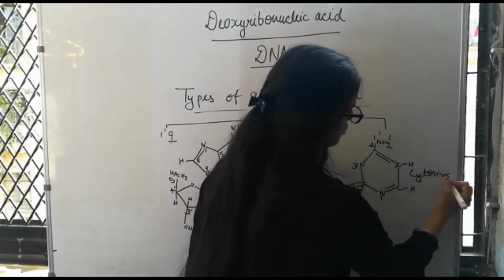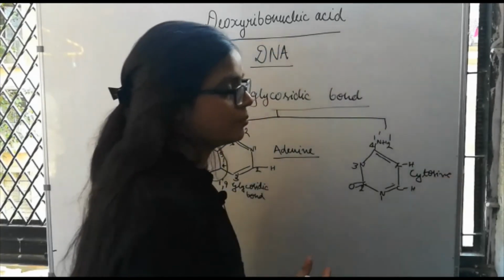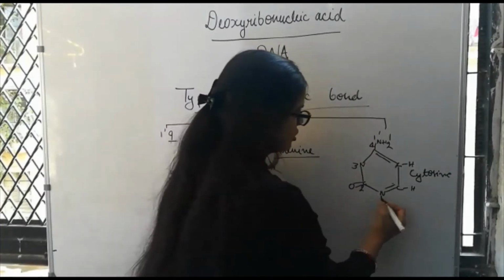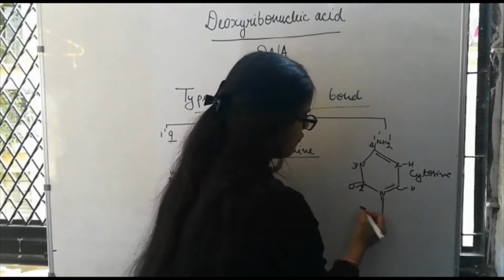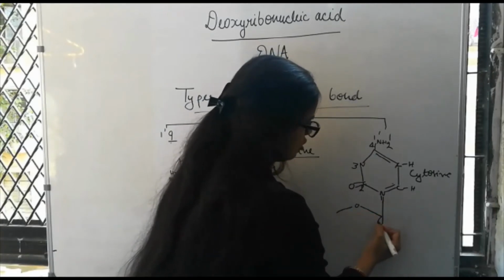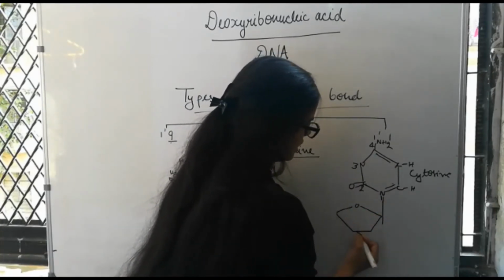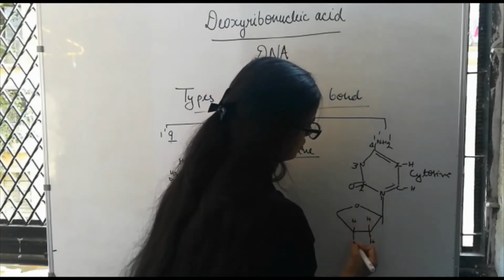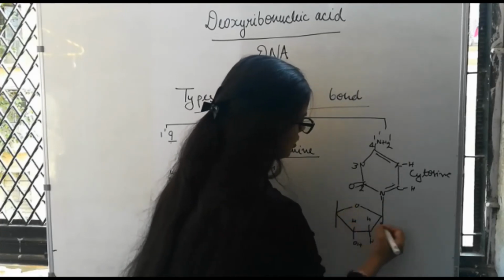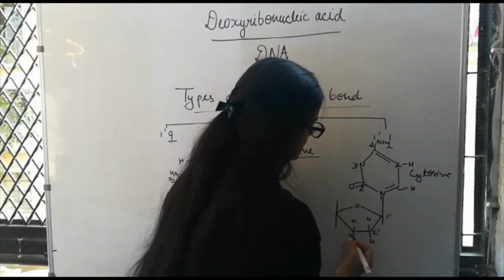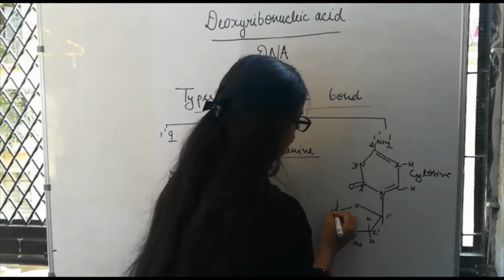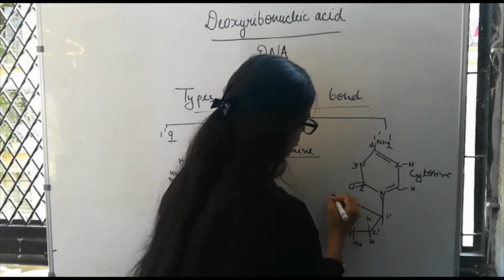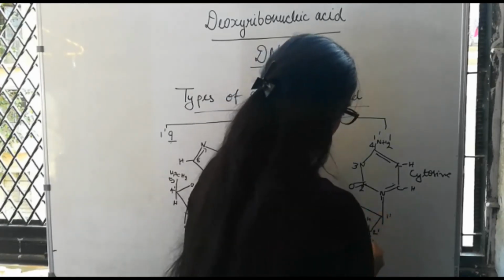The types of pyrimidine in deoxyribonucleic acid are two, which are thymine and cytosine. At the position of 1, deoxyribose sugar is attached: 1', 2', 3', 4' and 5', H, CH2OH.